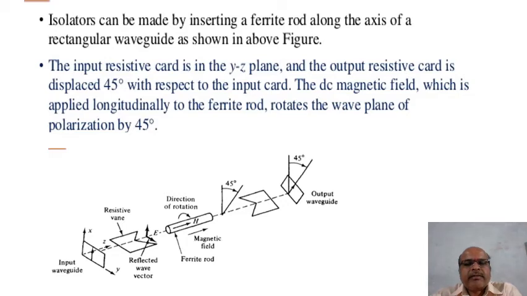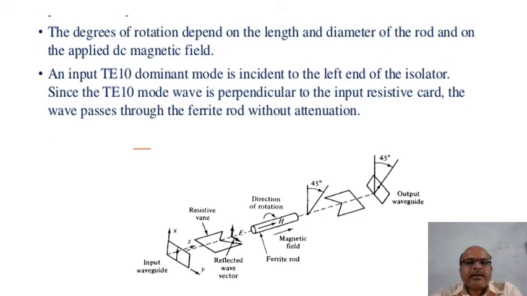The DC magnetic field, which is applied longitudinally to the ferrite rod, rotates the wave plane of polarization by 45 degrees, as shown in this diagram. The degree of rotation depends on the length and diameter of the rod and on the applied DC magnetic field.